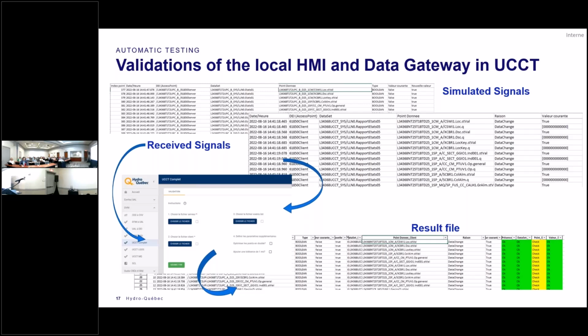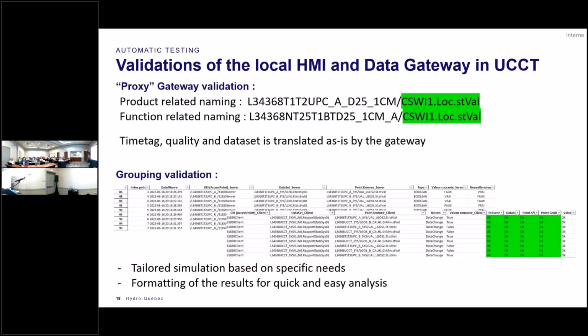So we can see on the next page a bit the difference between the product related naming and function related naming. It is close: the logical nodes, attributes, and objects we kept the same. It was on the logical device that it was not the same, but we could draw some parallels. But the rest was translated as is.